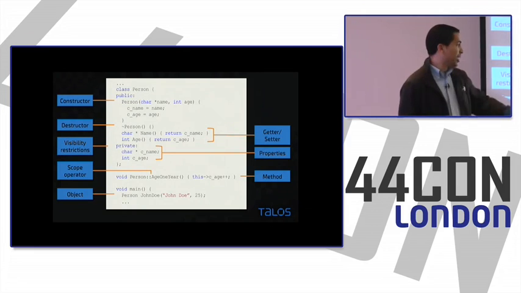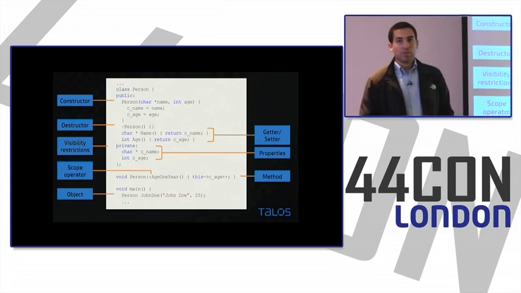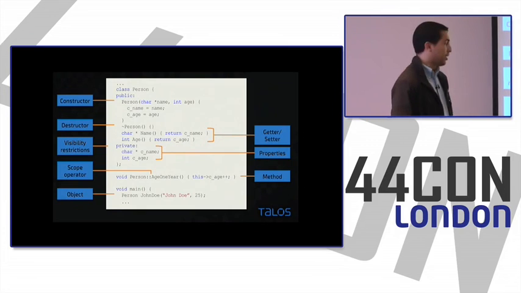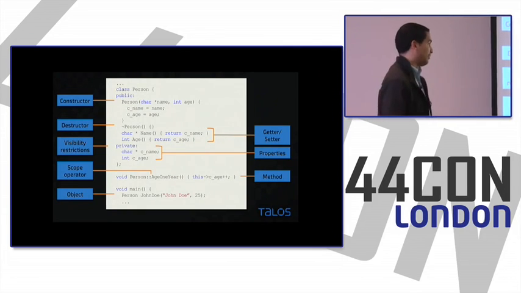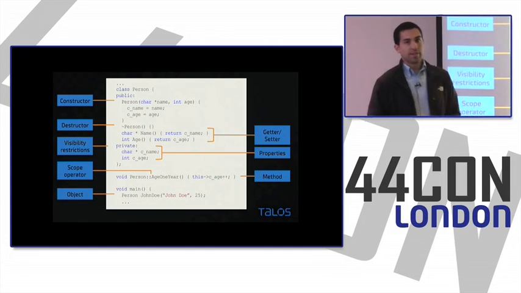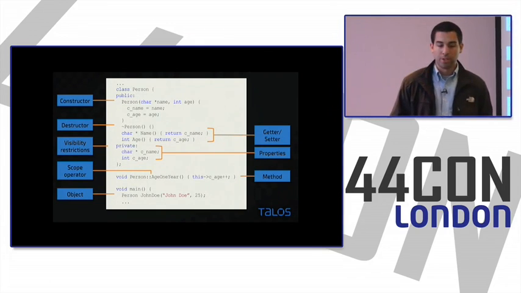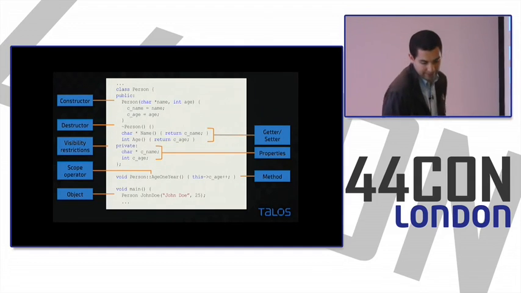Keep in mind, this will not work because we haven't actually defined age 1 year inside here. So if you were to create a class prototype, make sure to define them in the class and then actually do the implementation details in that way. Again, an object created on the stack is simply the class name, the variable name associated with it, and whatever constructor you're going to create it with.